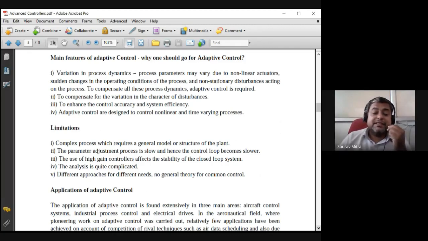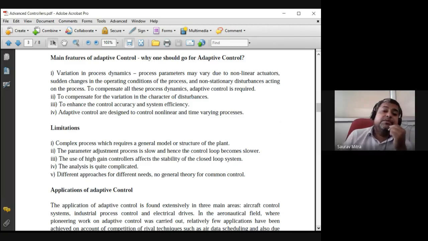If there is a variation in the vehicle parameters, suppose suddenly the brake is not functioning properly, or the accelerator is not functioning properly, or some sensors in the vehicle have gone bad, in those cases also the compensation should be done by the controller itself. So to compensate for the variation in the character of the disturbance and the vehicle itself, to ensure the control accuracy and the system efficiency. Accuracy of control should be there and it should take place very fast.